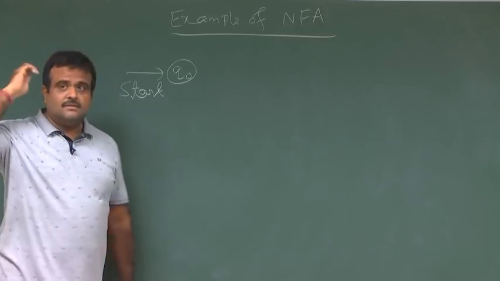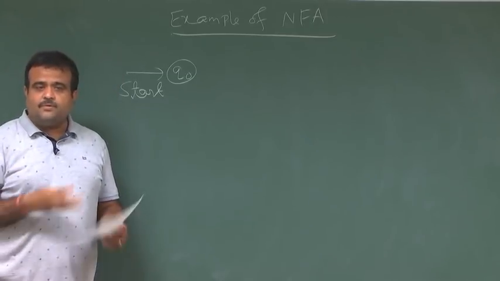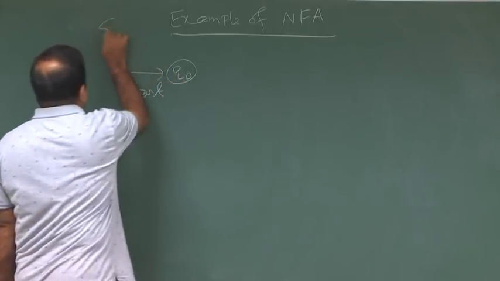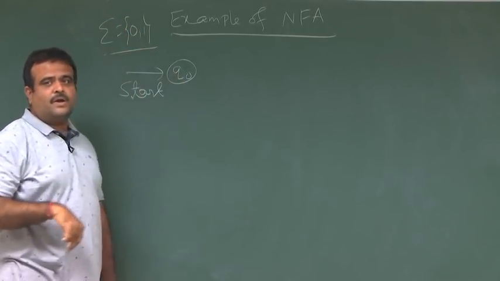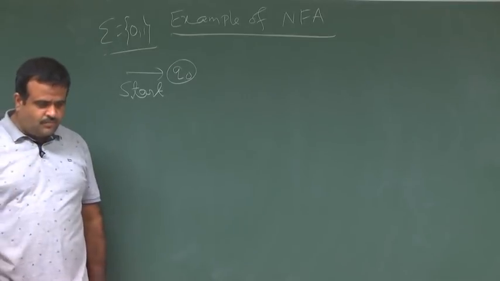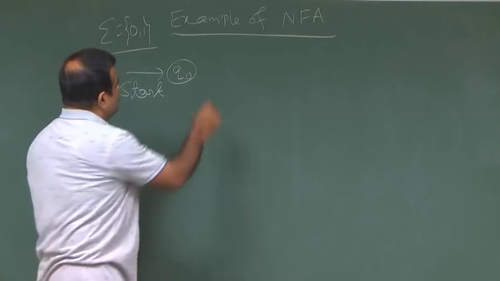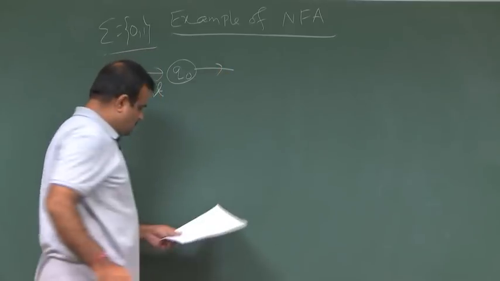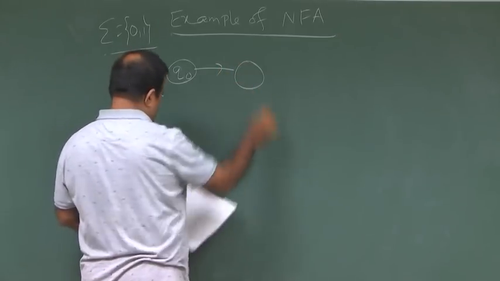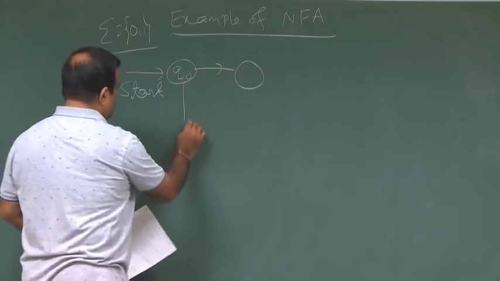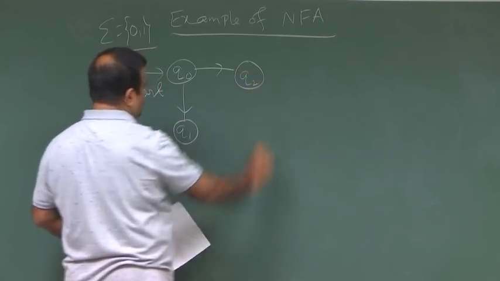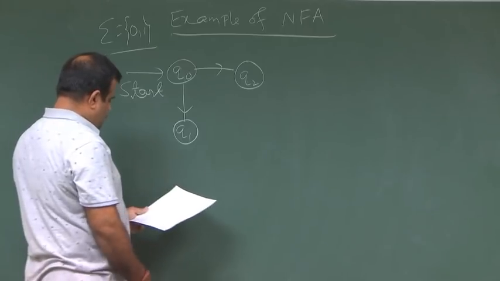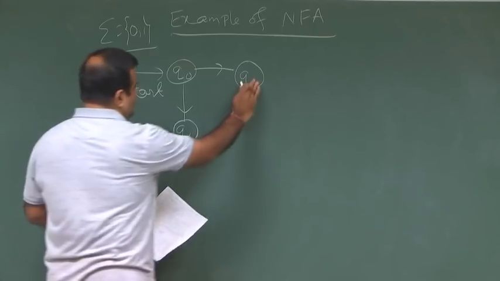Now, from here we can have two inputs. Suppose sigma is binary, 0 1. Now, from here we can have two inputs, 0 and 1, going to states q 1, q 2.